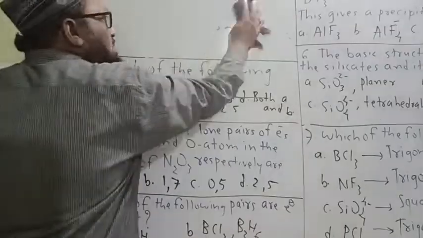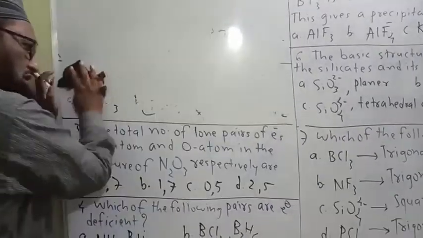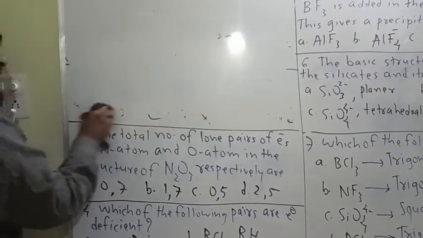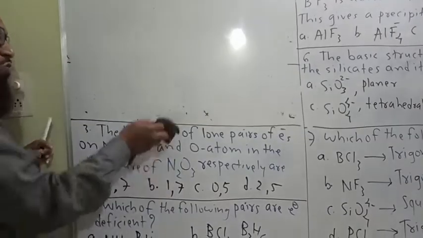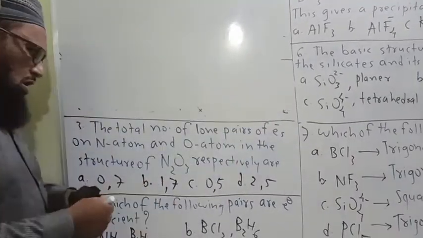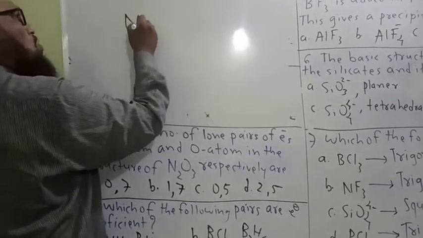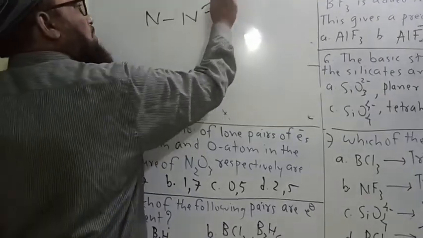Next question. The number of lone pairs of electrons on nitrogen and oxygen atom in the structure of N2O3 respectively are. I have already drawn the structure earlier. This is the structure of N2O3.